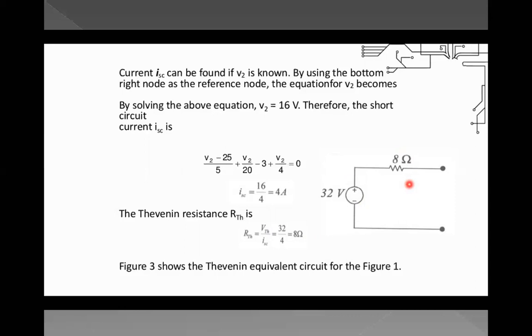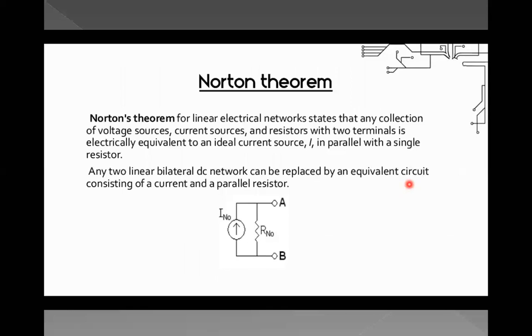Now the next is Norton's theorem. Norton's theorem for linear electrical networks states that any collection of voltage sources, current sources and resistors with two terminals is electrically equal to an ideal current source I in parallel with a single resistor.